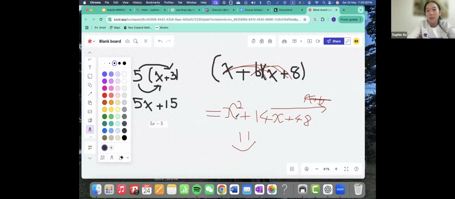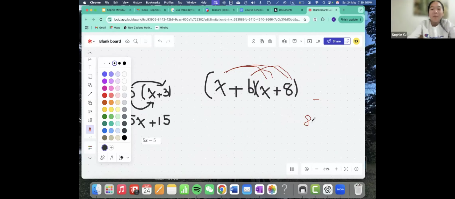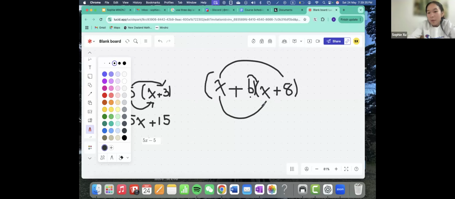Yeah. So basically, can you erase your stuff off? Sorry. Yeah, that's correct. When you're expanding, you need to make sure that every term in each bracket is multiplied with every term in the other bracket.